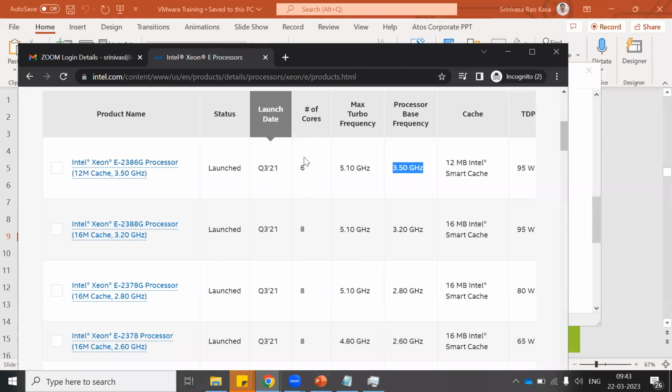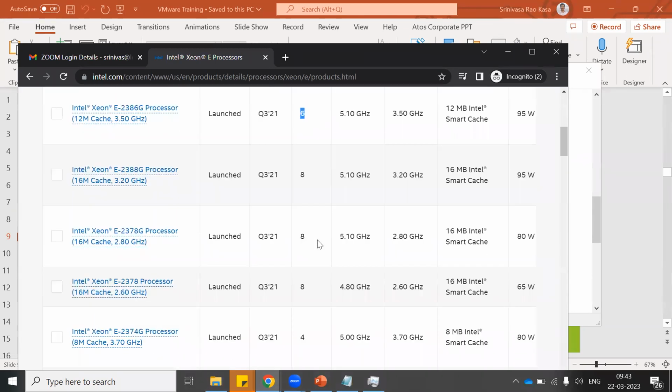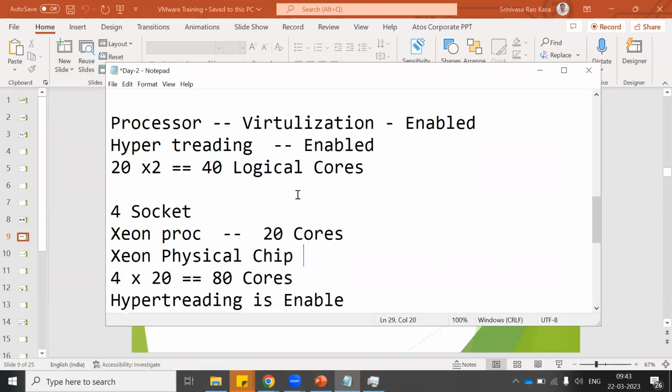6 cores, right? You see here, each processor, based on its configuration, has its own capacity. In this particular example, it is going to be 20 cores. This is one kind of processor. Each model gets a specification for how many cores each processor can support.